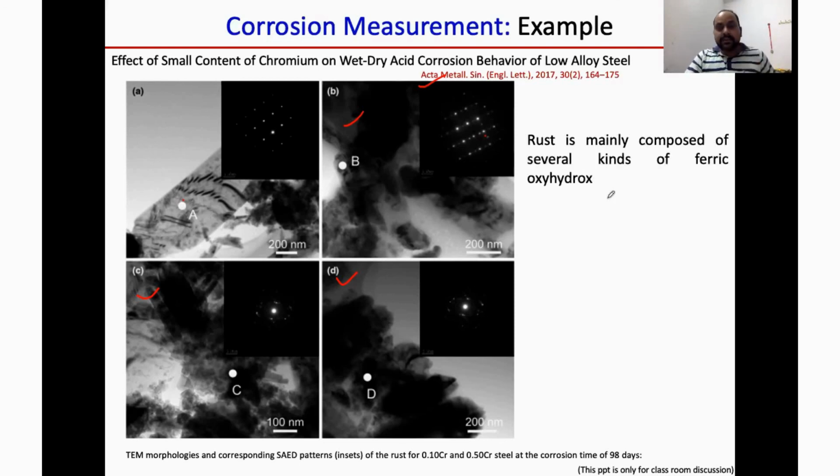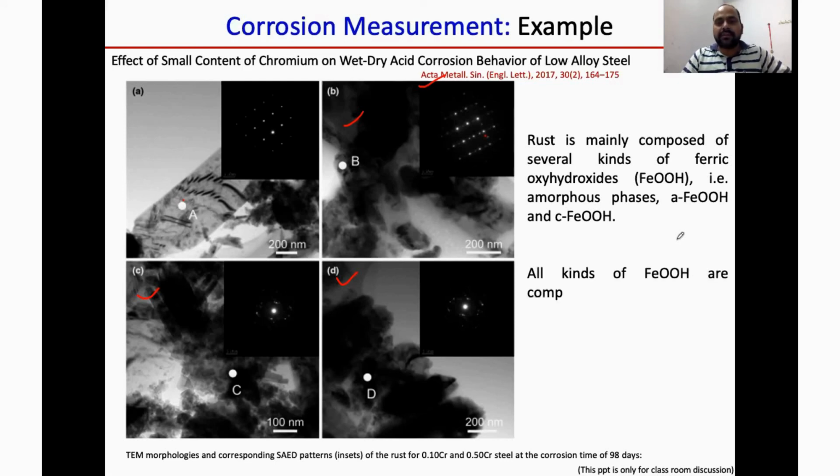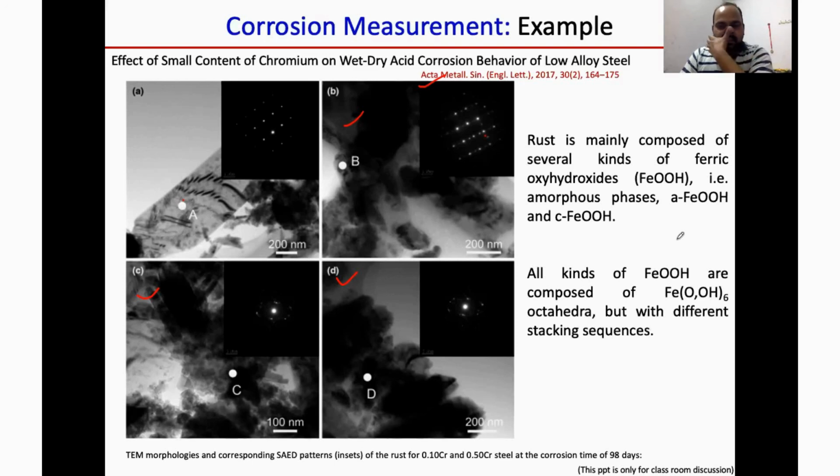And these are the compositions. The rust is mainly composed of several kinds of ferric oxyhydroxide, amorphous phases, like FeOOH. Basically two different kinds of phases, and all kinds of FeOOH are composed of FeO6, but with different stacking sequences, because you can see different kinds of formation here.